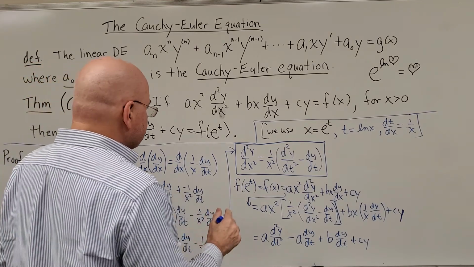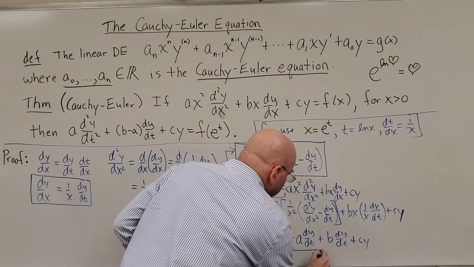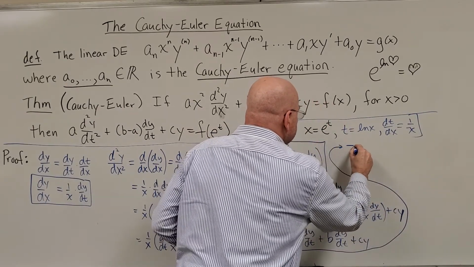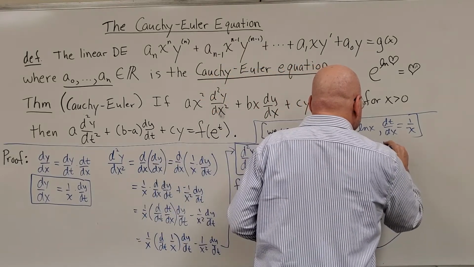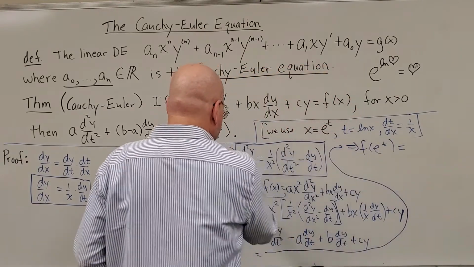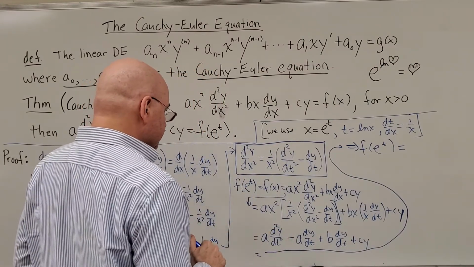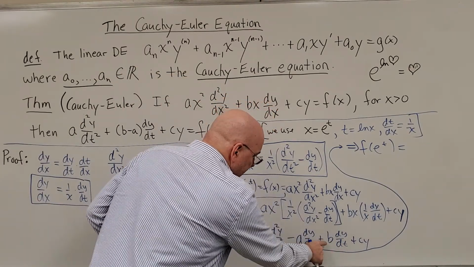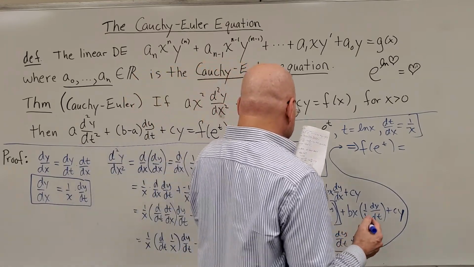And that gives us, let me say, implies that f of e to the t, which is where we started, is equal to this, but we're going to simplify a little bit. Notice that these are like terms, and if I factor it out, I'm going to get b minus a times dy/dt. And I think that gets us where we need to go.